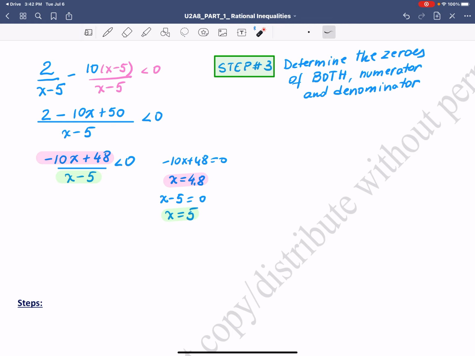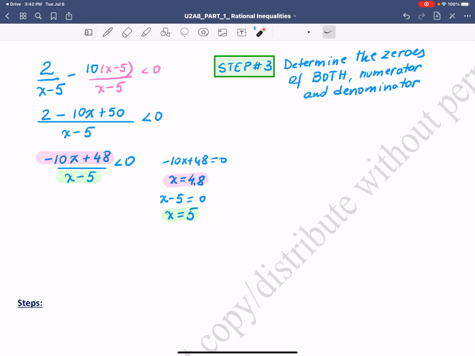Many things can happen. For example, if the numerator is negative and the denominator is positive, then the division of a negative by a positive would be negative. Or the other way around: if the numerator is positive and the denominator negative, then the division of a plus by a minus will give a negative number.